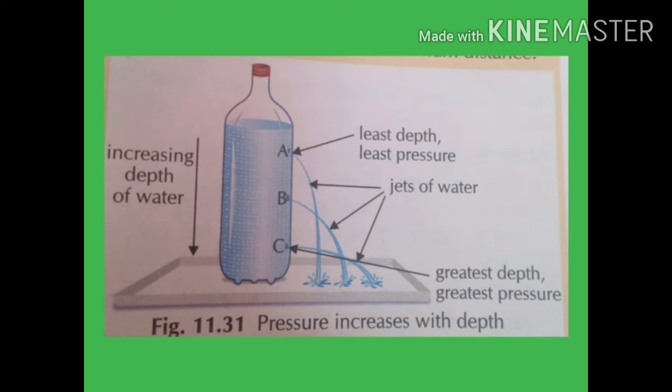The depth of the water near hole B is greater, so the water comes out with greater pressure from hole B and falls farther away from the base of the plastic bottle. The depth of water near hole C is the greatest, so the water comes out with the greatest pressure and goes farthest from the container. So it proves that the pressure of a liquid increases with depth.